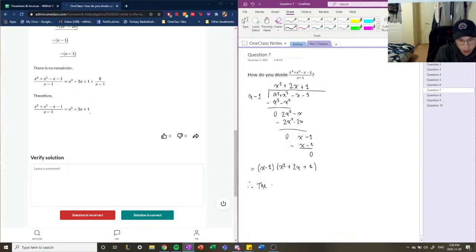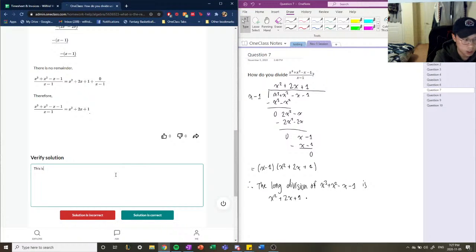The quotient of x cubed plus x squared minus x minus 1 divided by x minus 1 is x squared plus 2x plus 1. So that is the solution to the problem. This is the correct solution. Good job.